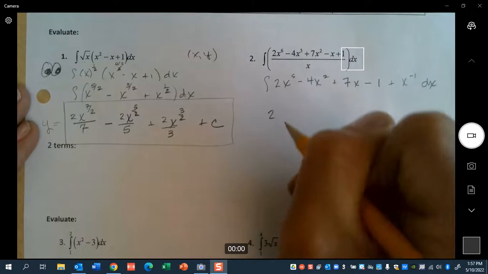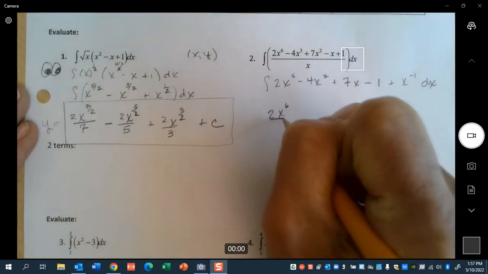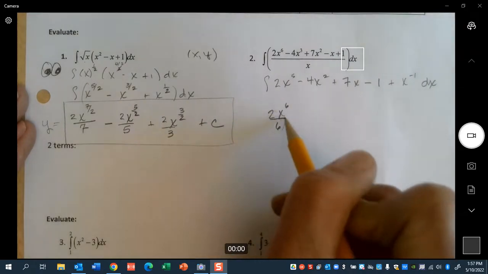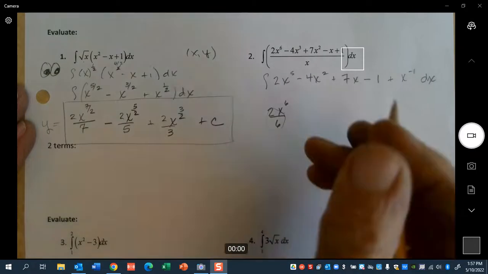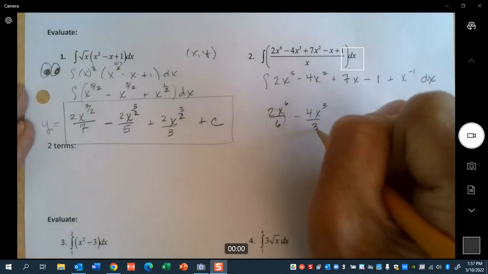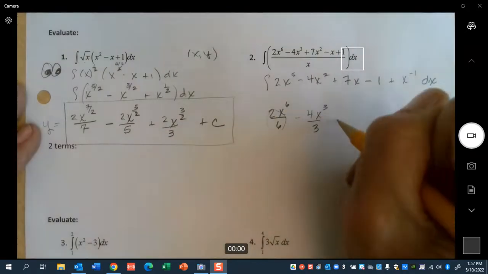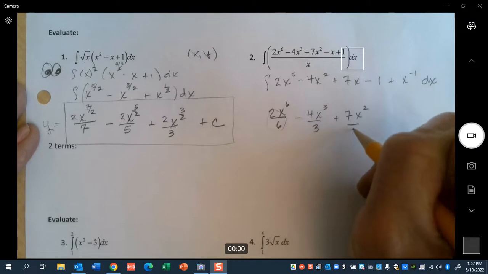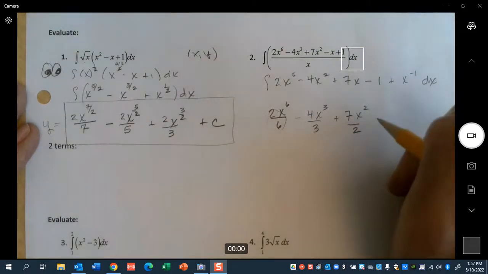This 2 hangs out, this x goes to the 1 more power, and my new exponent. Now, of course, I'm going to be able to simplify that when the time comes. He hangs out, he goes 1 more, divide by the exponent. He hangs out, he goes 1 more, divide by the new exponent.